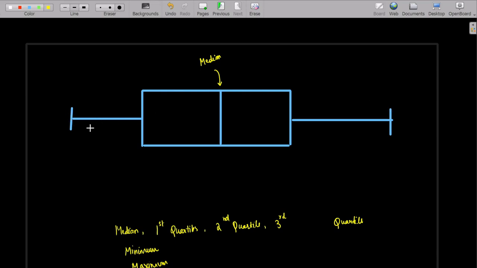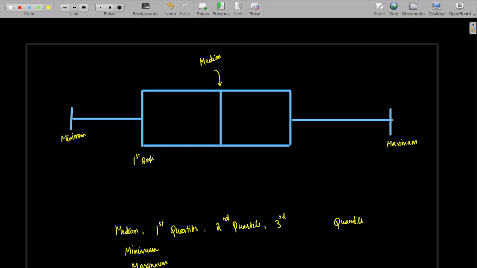The tails of the whiskers give us the minimum and the maximum value. Whatever will be this value, this will be the minimum value, and this point will be the maximum value. Then you have the first quartile and the third quartile. So this point, this is your first quartile.